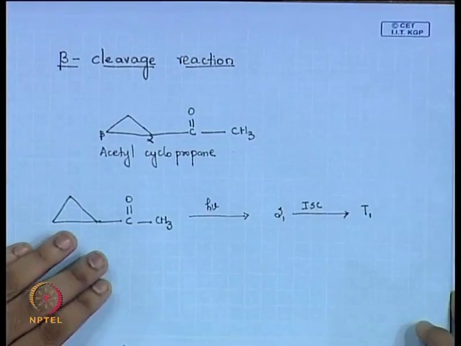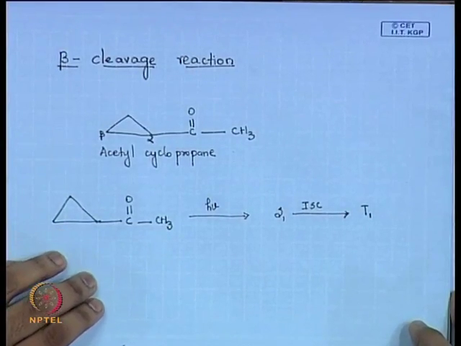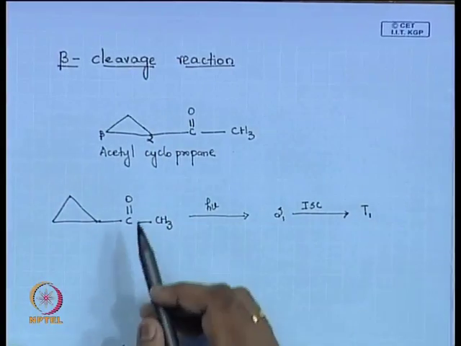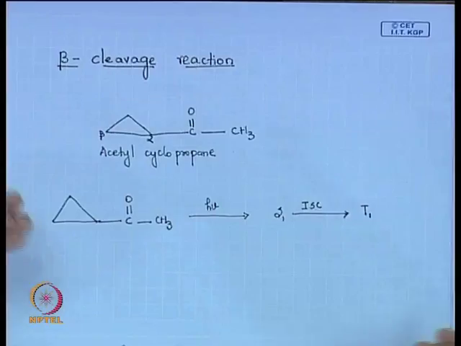In the case of this type of system, you can see chemistry happening both from the singlet as well as the triplet. It is not that it predominantly happens from triplet; you can get some cases from singlet also. How does this chemistry happen? Once your carbonyl gets excited, it is in the singlet state as well as the triplet state, and it has excited energy.